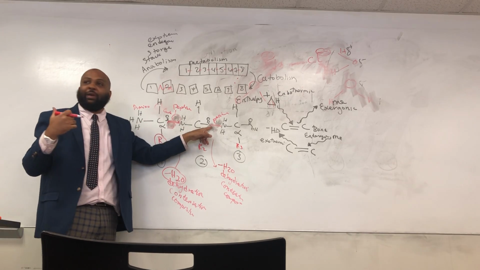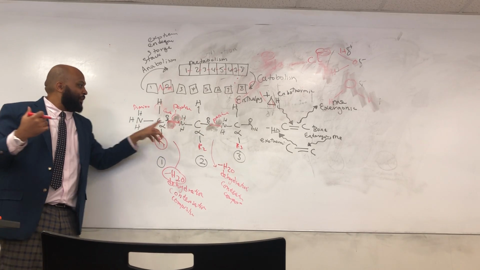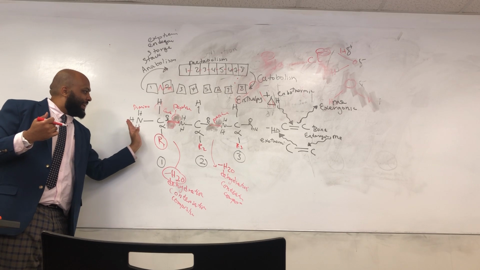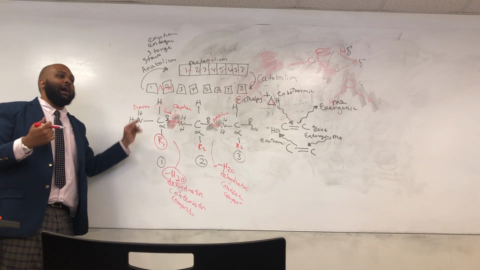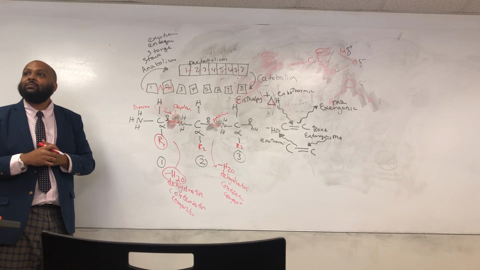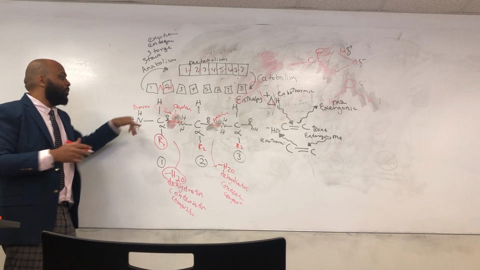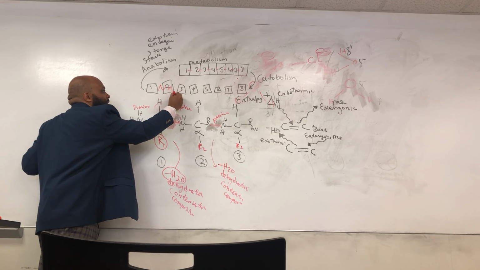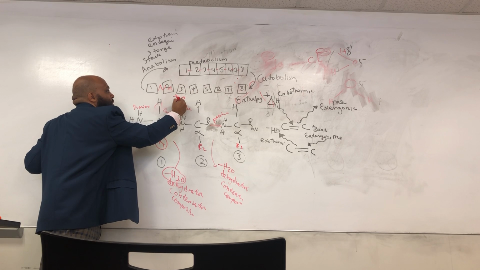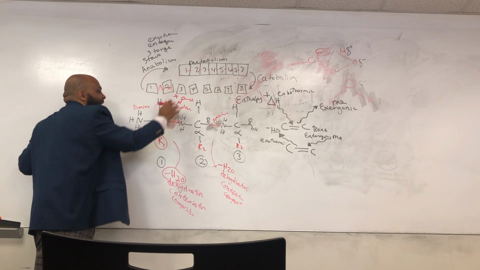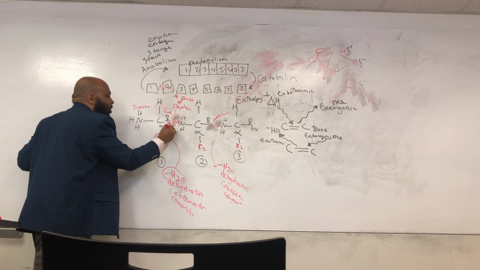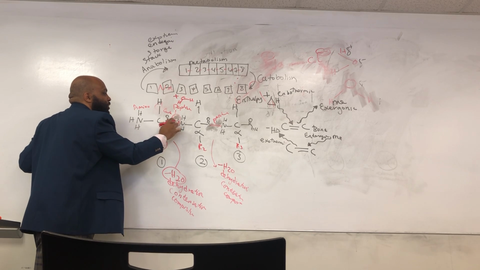So now I need to break the peptide bond. If I make the peptide bond by getting water out, how do I break it? By adding water in. So now I bring water, H2O, and I say, OH, I need you back where you belong. H, I need you back where you belong.